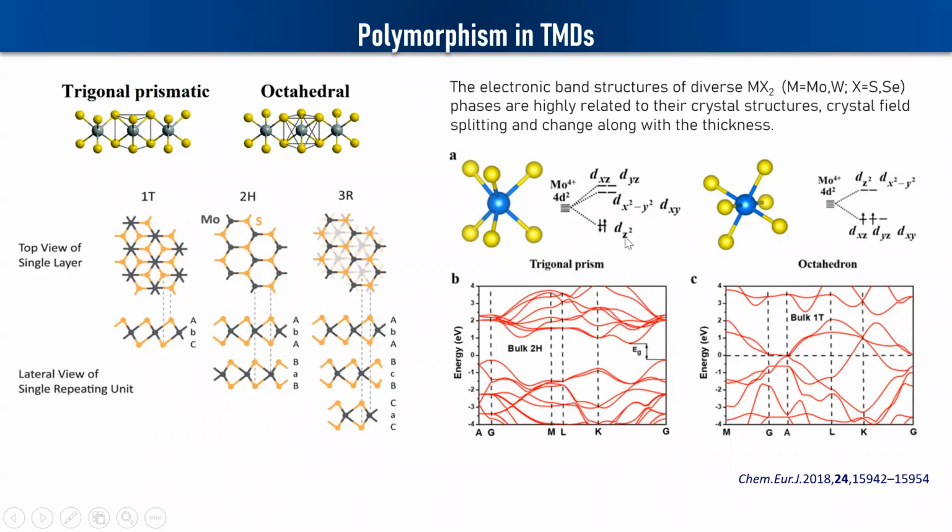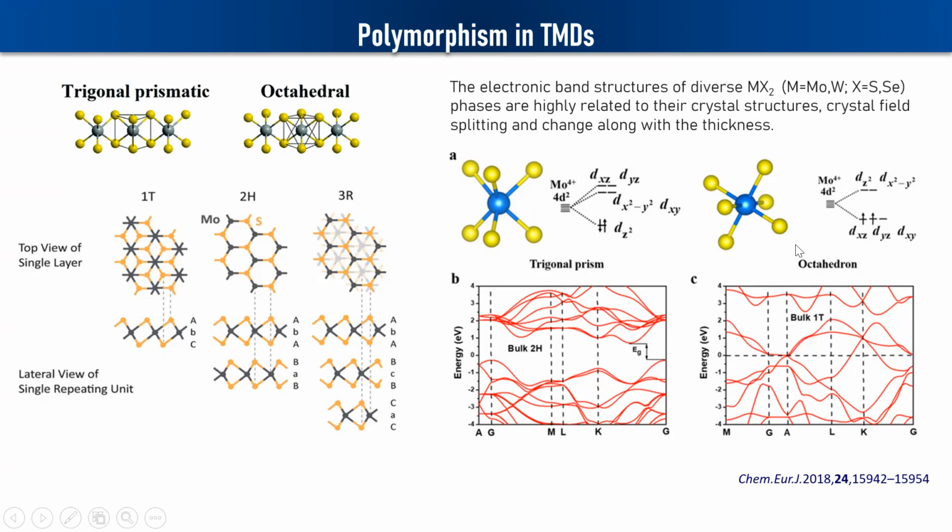Now, as you can see here, there are two electrons occupying the lowest energy orbital. And here you have two electrons in these two orbitals, and there is also one unoccupied orbital. Because of this, if you calculate the band structure, you see that the trigonal prismatic geometry gives a semiconducting behavior, whereas the octahedral coordination, or the 1T phase, has a metallic band structure.